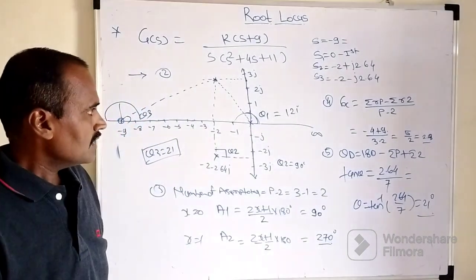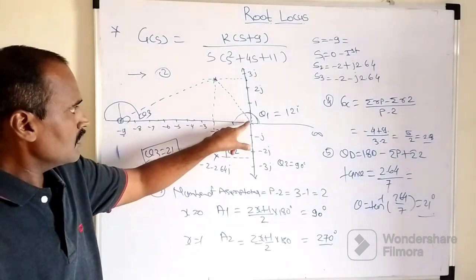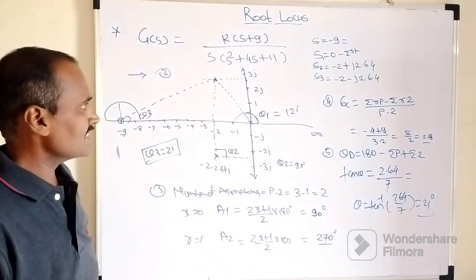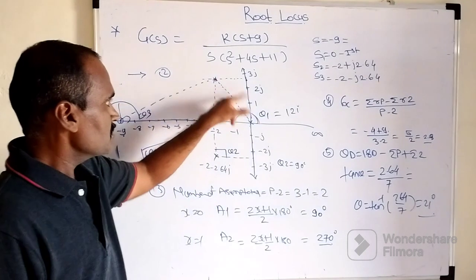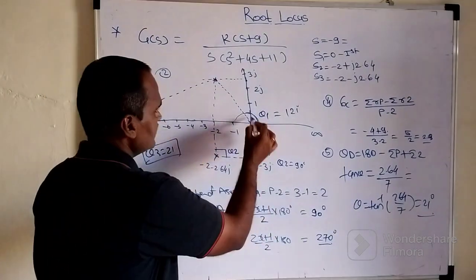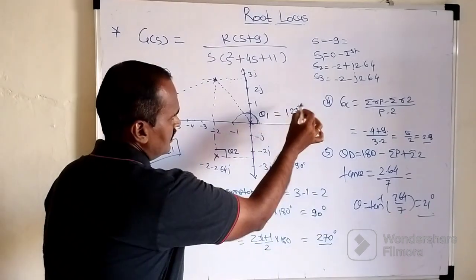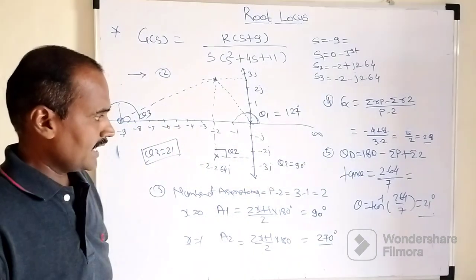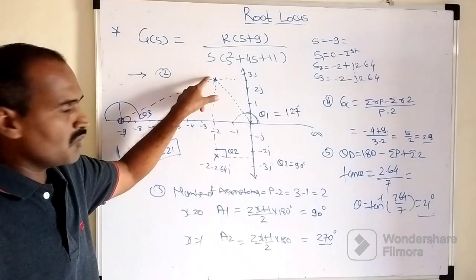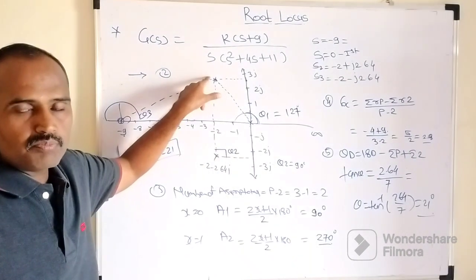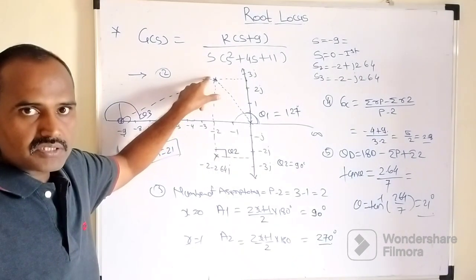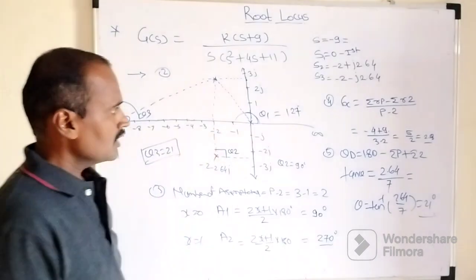Then after that, as far as theta 1 is concerned, as I told you earlier, theta 1 is exactly equal to what? With the help of this protractor, when we try to measure this angle made by this pole with respect to this real axis, it is actually 127 degrees. So the angle of departure for this pole, which was located at -2 plus 2.64j, equals what?